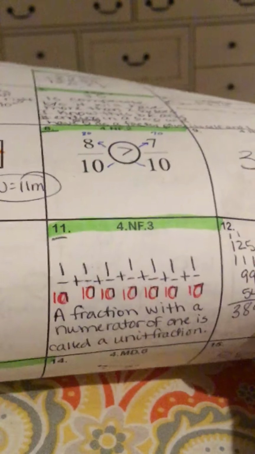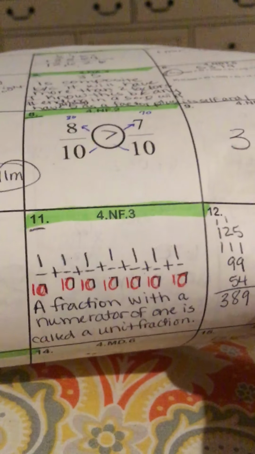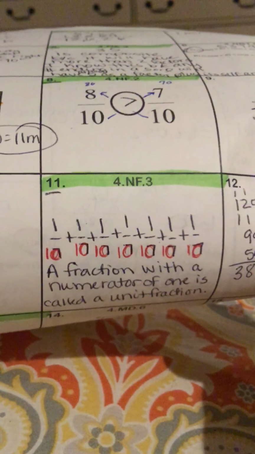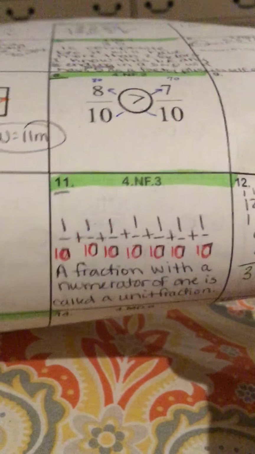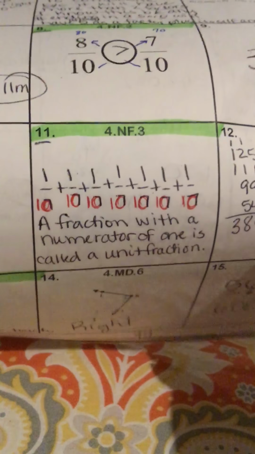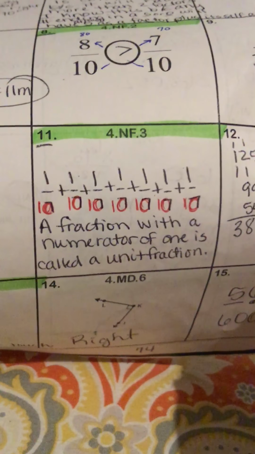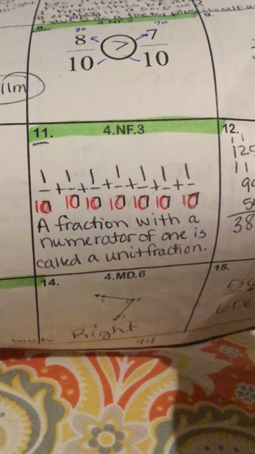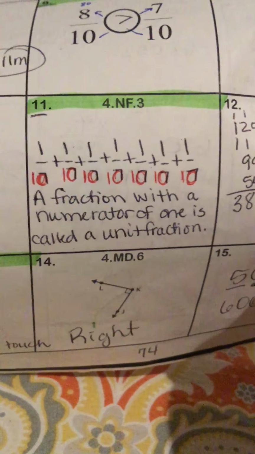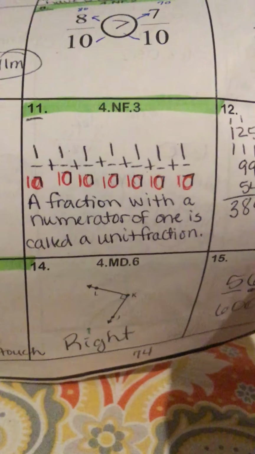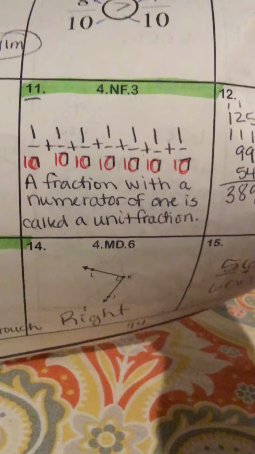On number 11 here, this was a question where it asked them to write a sentence with a sum of unit fractions, and they should have written the definition of a unit fraction is a fraction with the numerator of 1, and this was a fraction 7/10. So if you want to practice with a different fraction, asking them to write that, then that would be great. I had them write the definition of parallel lines and then perpendicular lines just to practice the difference.